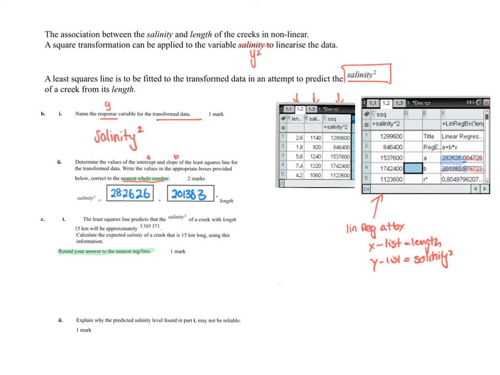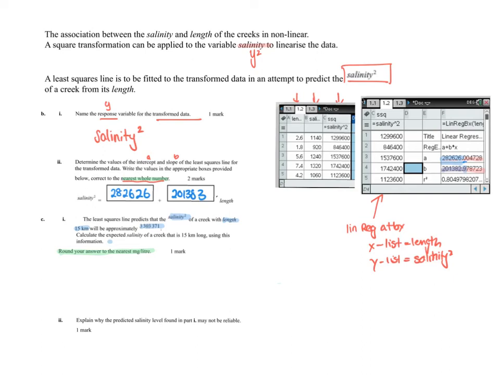The least square line predicts the salinity of the creek with a length of 15 kilometres. So they're giving you a salinity squared when the length is 15 to be this. Calculate the expected salinity of that creek, 15 kilometres, using this information.